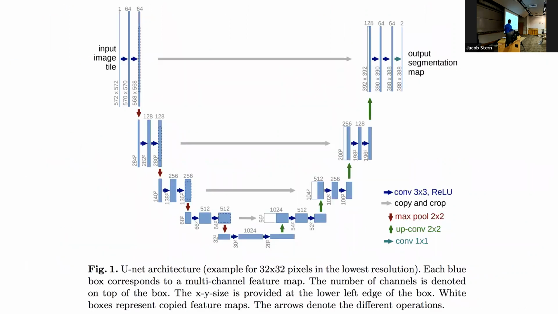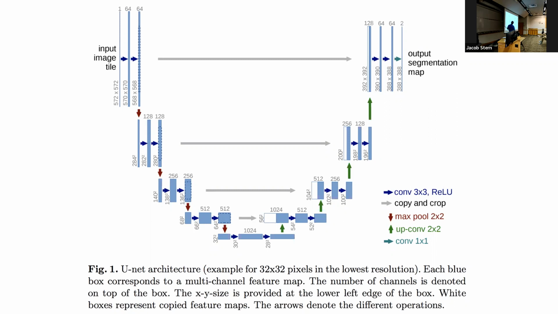Okay, so the UNet architecture takes as input a 572 by 572 by 1 image and produces an output segmentation map of size 388 by 388 by 2.